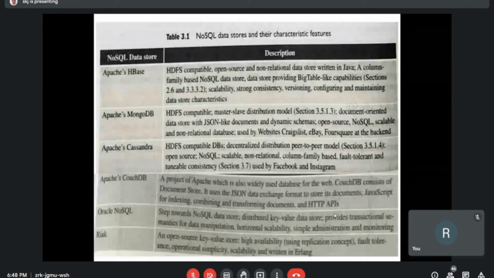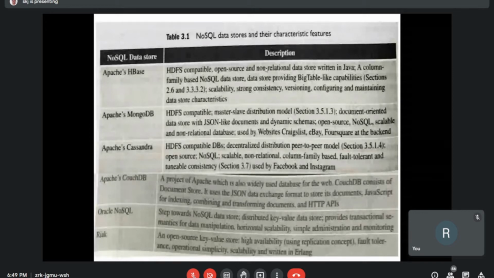So I shall have to read this slide, and it has a lot of information. So we have to stay here and discuss somewhat in more detail. Here it is written NoSQL data store, and here the description.